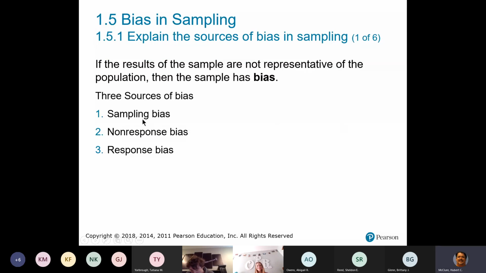You could have, let's see, sampling bias. I'm only going to pick females for my research. Well, that's okay if you're going to research a female subject, okay? But what if your subject is for both genders? Then you shouldn't pick all females.